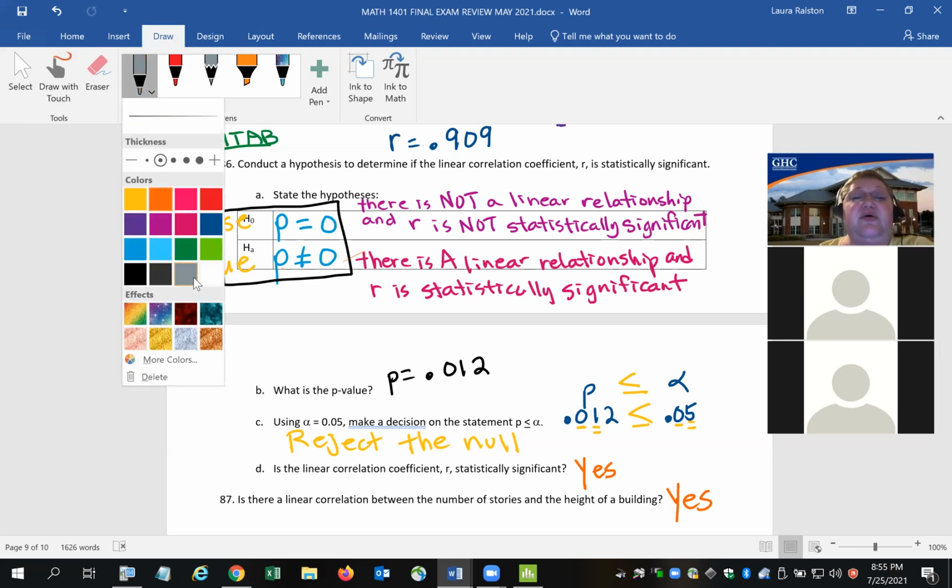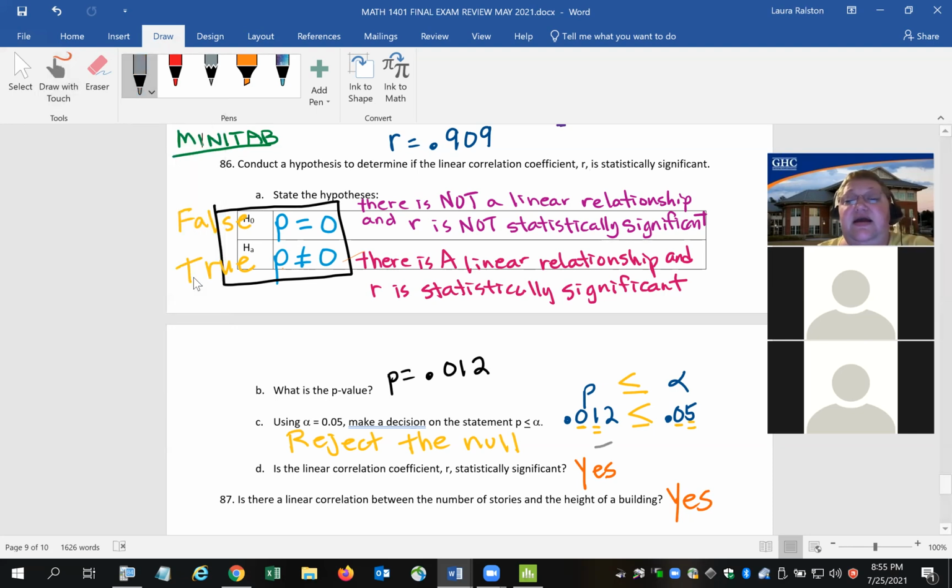Now, let me point out one thing. Guys, these two questions, the D and question 87, have to have the same answer. If you tell me that R is statistically significant, that means there is a linear relationship. So you have to say, yes, R is statistically significant, and yes, there is a linear relationship.